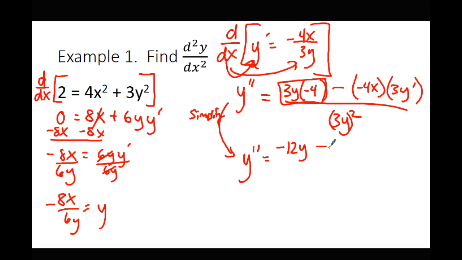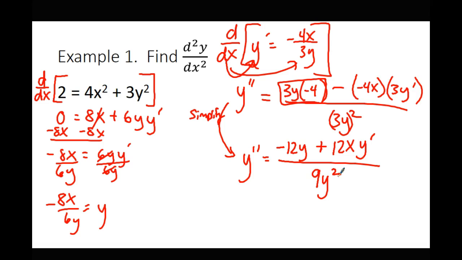And this one here, what's this going to be? Minus a negative 4x times 3y prime. It's going to become a plus because of the double negatives, and then a 12xy prime, right? Over 9y squared. Okay, so that's as simplified as it gets.